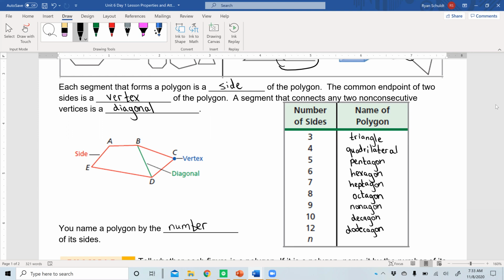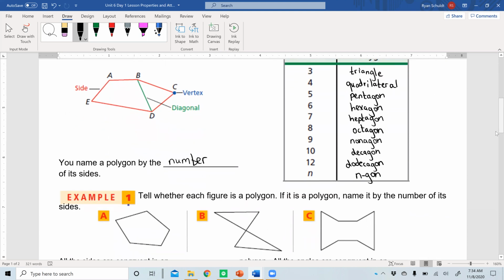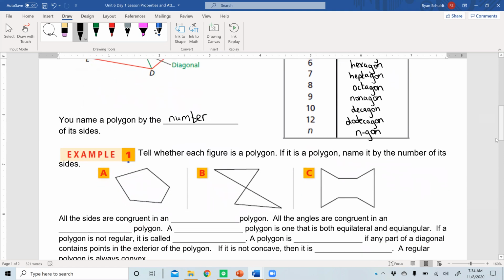And then if they had just any number of sides that's not listed here, we call it an n-gon. So those are the different names for polygons based on their sides.